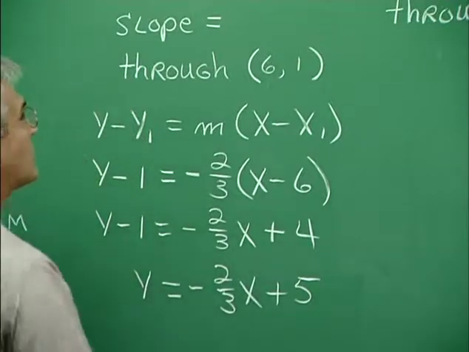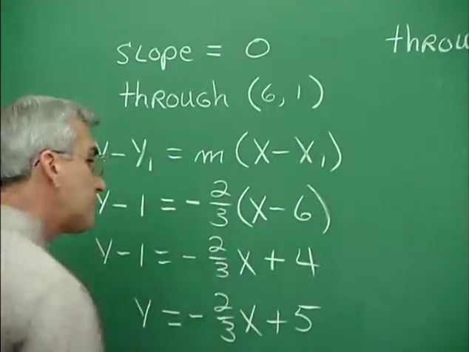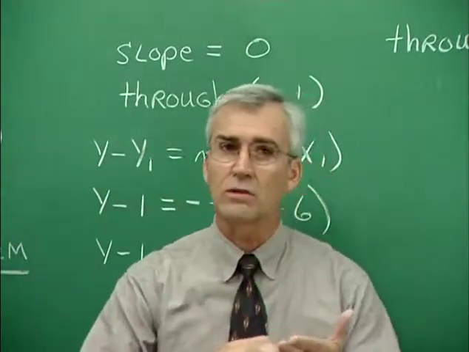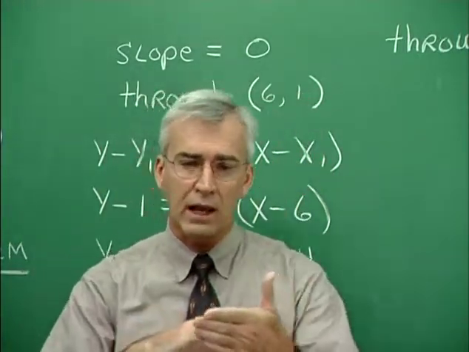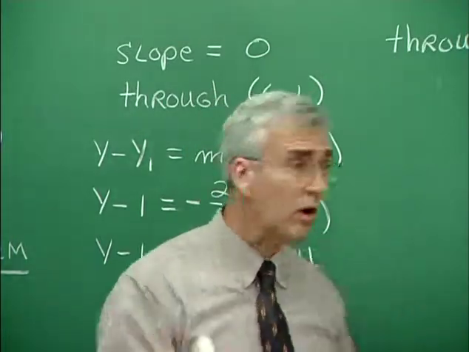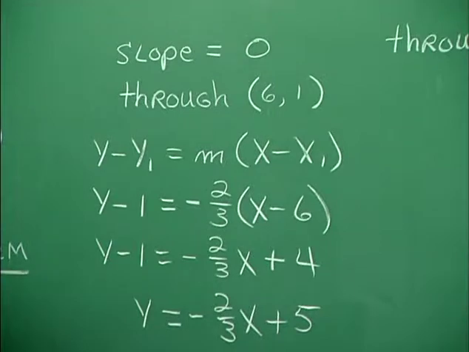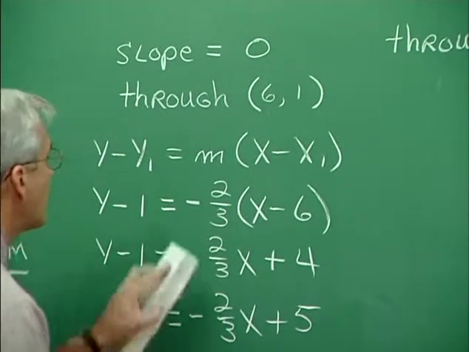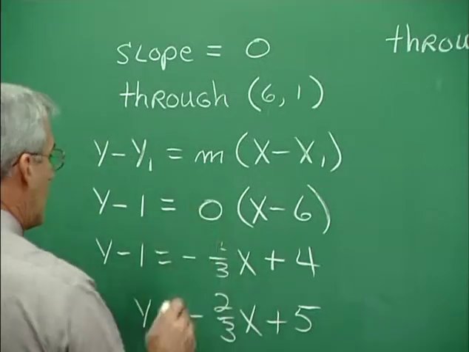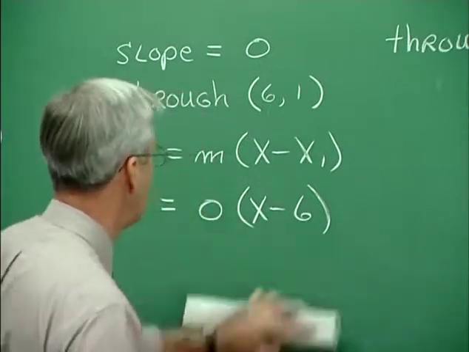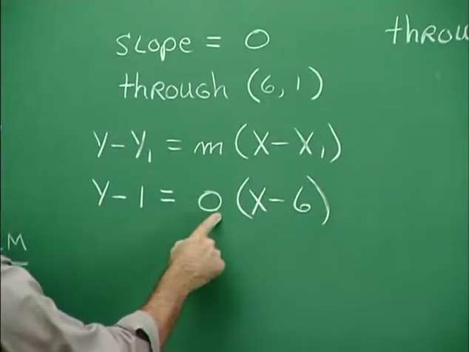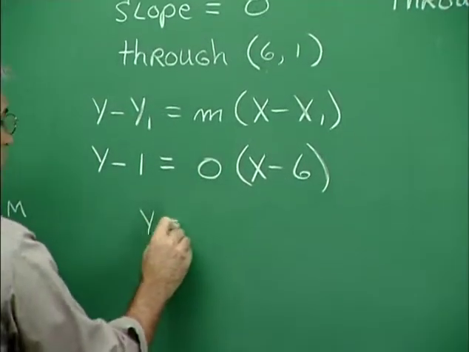If we had a slope of 0, then the first thing we should think about is that we have a horizontal line, and we could go directly to the equation of this line, or we could use this point-slope form. You see, if we use the point-slope form, then m is replaced with 0, and this goes out, so we have y minus 1 equals 0, or simply y equals 1.